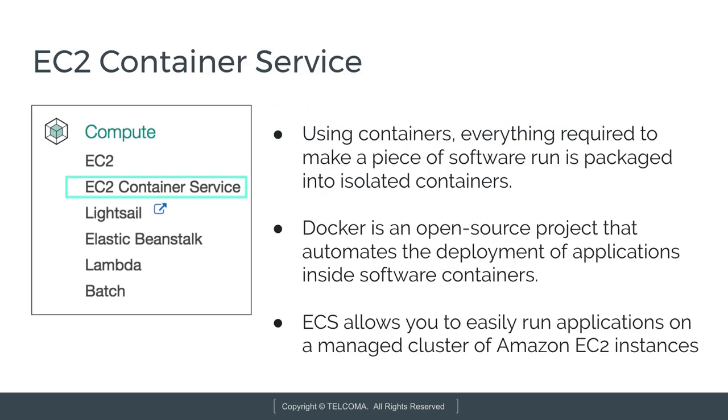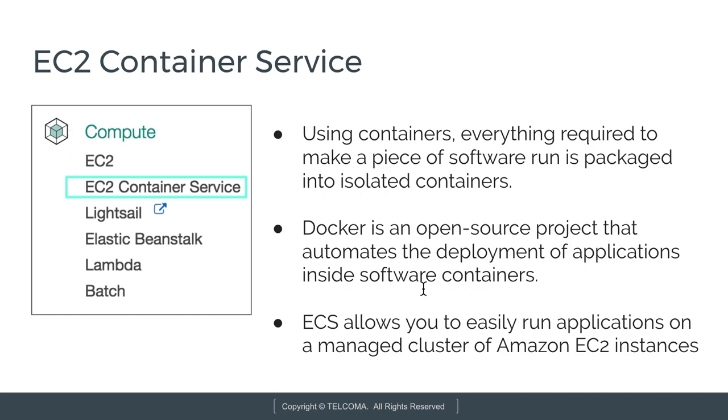Next we have EC2 Container Service. Amazon EC2 Container Service is a highly scalable, high performance container management service because it supports Docker containers and allows us to run applications on a managed cluster of Amazon EC2 instances.